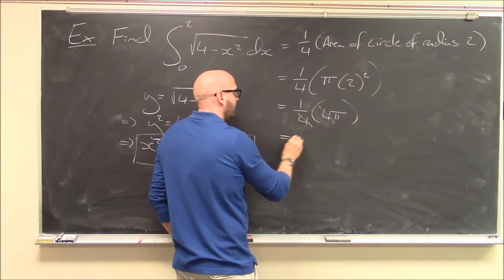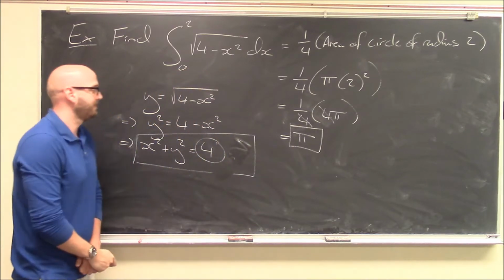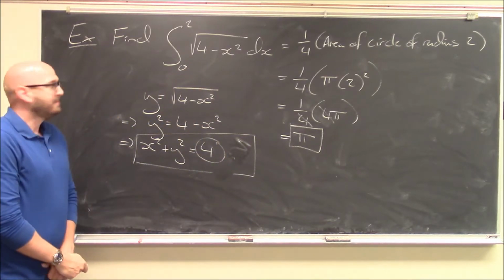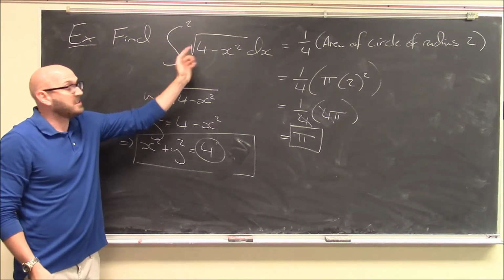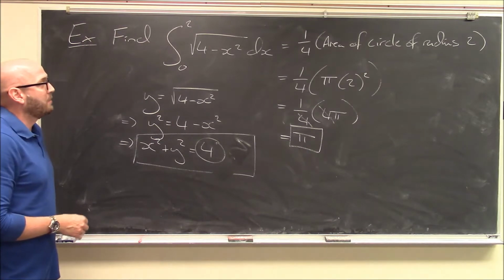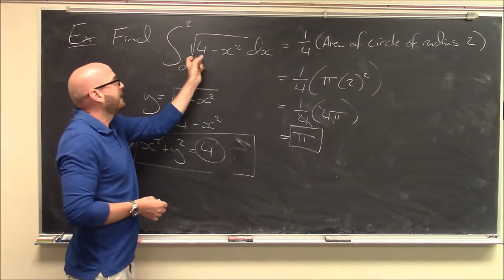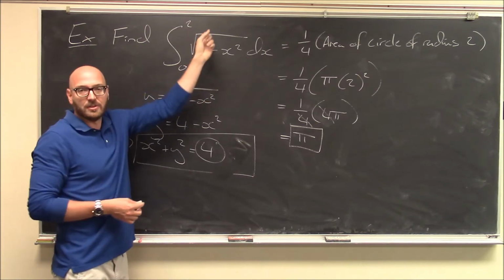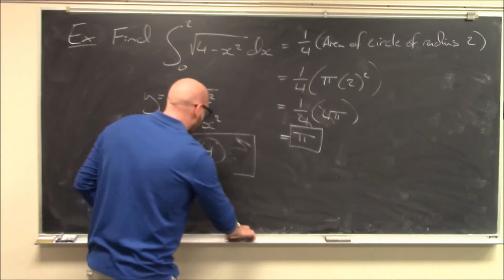The 4's cancel, and the answer is just pi. So this is a really powerful technique for what is actually quite a difficult integral to evaluate, remembering that integrals represent areas. It's the area under this curve as x goes from 0 to 2, and we drew the curve and saw it's actually a circle. So we'll do another one.